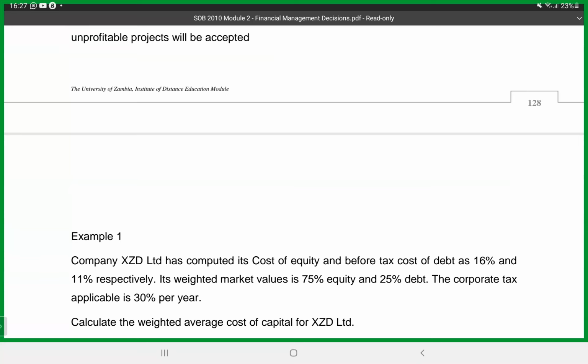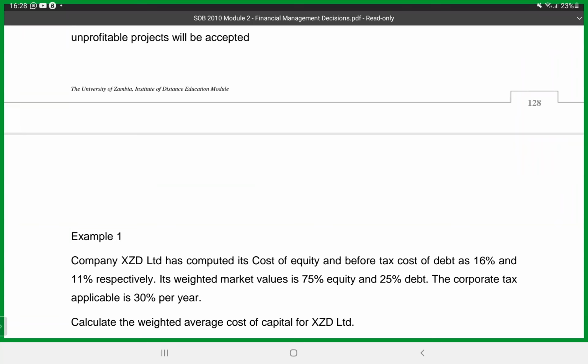Let's have the example so that we cement the understanding. Let's have company XZ Limited that has computed its cost of equity and before tax cost of debt as 16% and 11% respectively. The cost of equity has been given as 16%, and the cost of debt before tax is 11%.